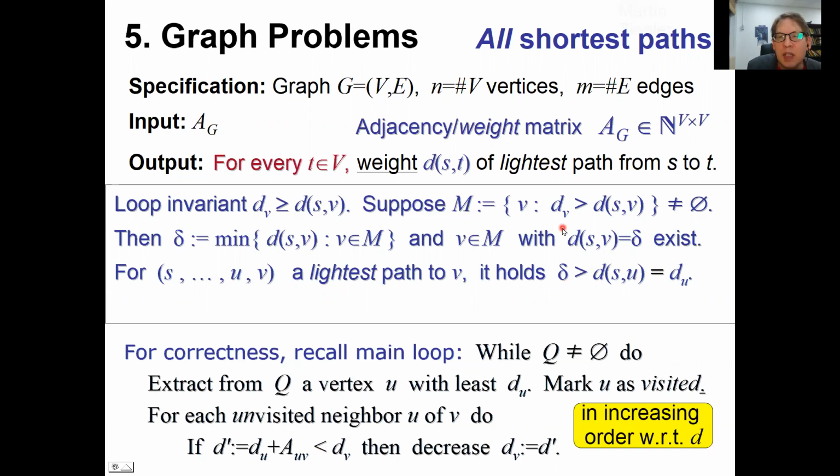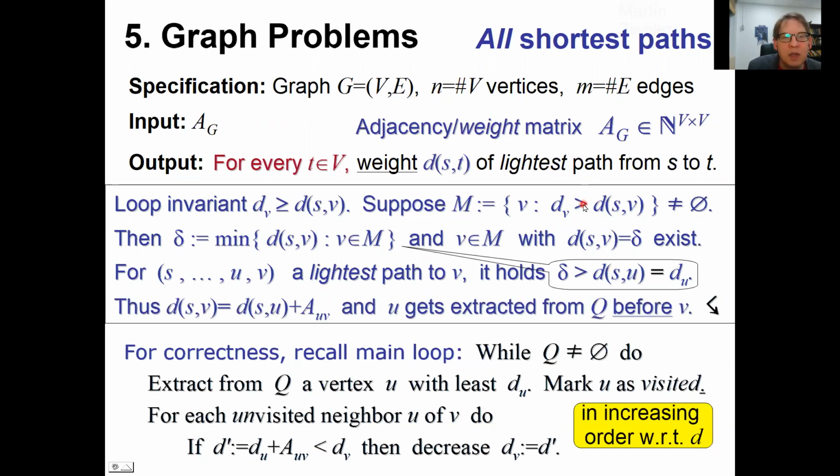And by the definition and choice of delta, delta is the least, but here we have found another vertex U, which therefore cannot violate this inequality, right?